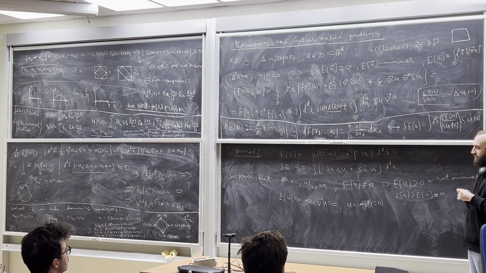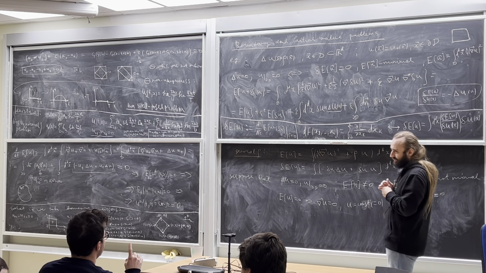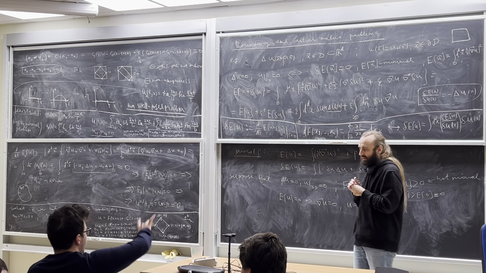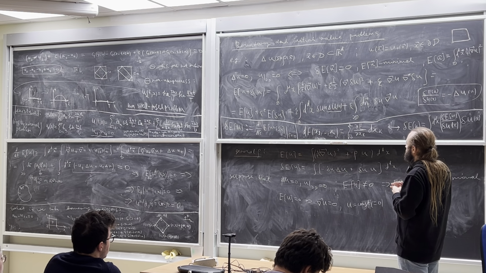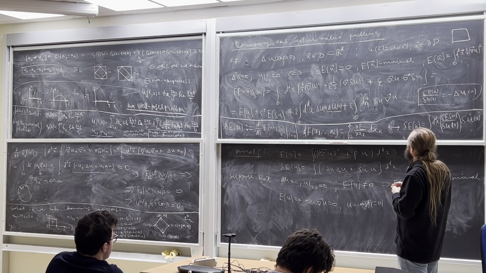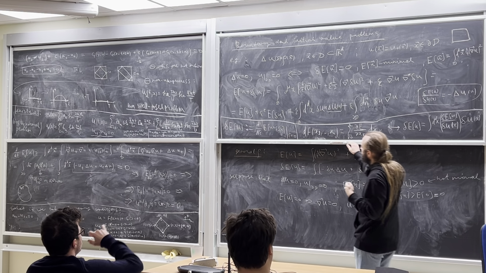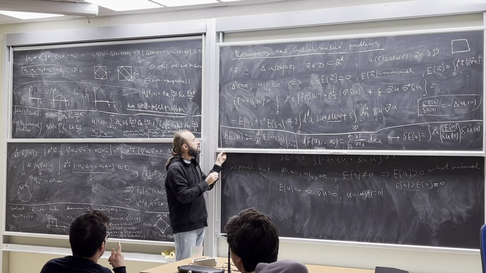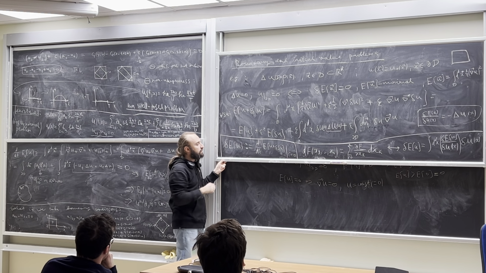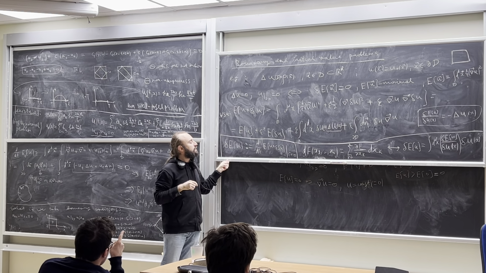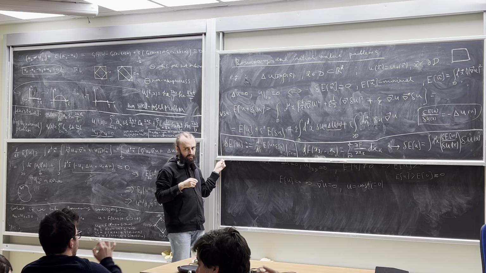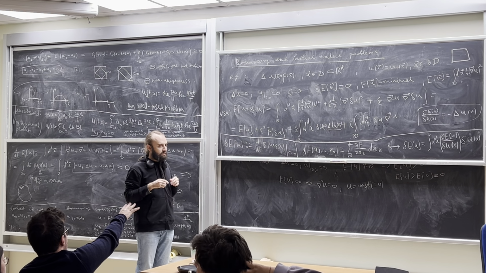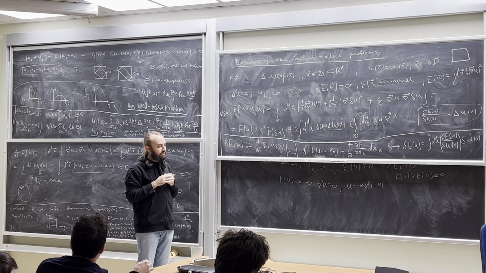So, any questions? Compute the limit as epsilon goes to zero of the difference between E of u plus epsilon times v minus E of u, divided by epsilon.